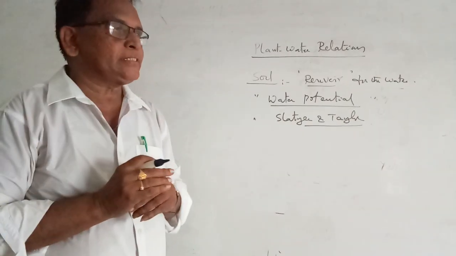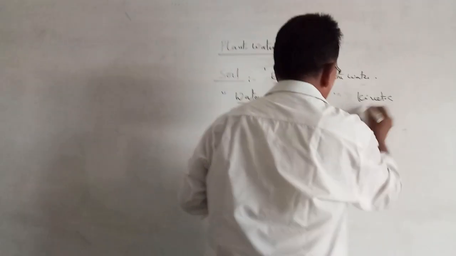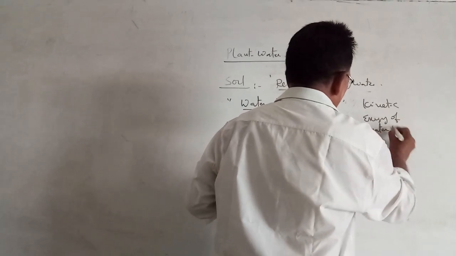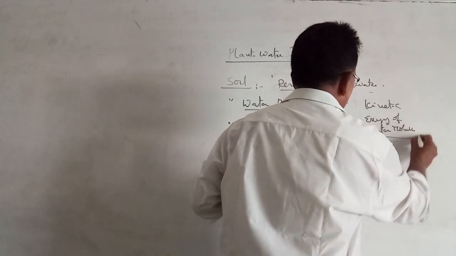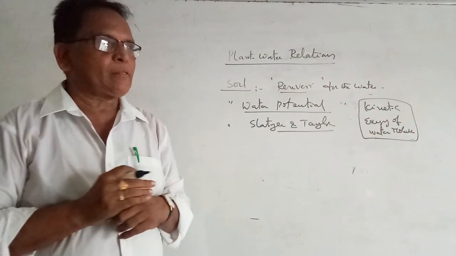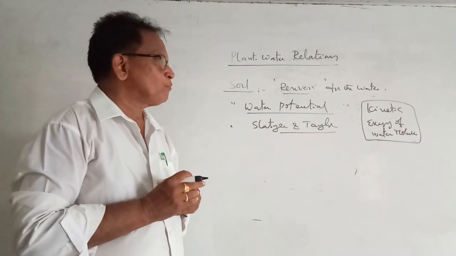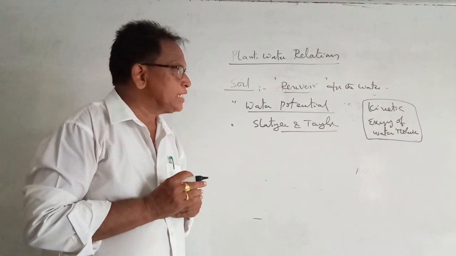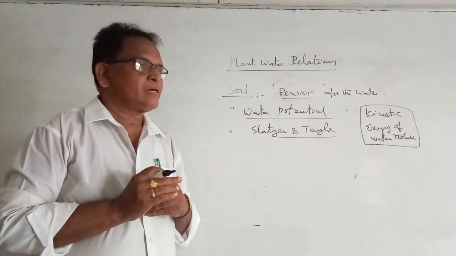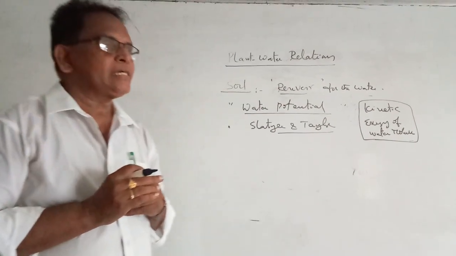Water potential means the kinetic energy of water molecules. Normally it can be explained by this concept known as water potential. So whenever the kinetic energy of water molecules is higher, we can definitely say the water potential of that particular cell is higher.